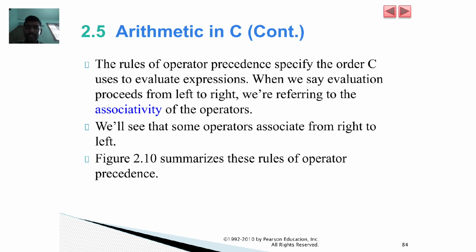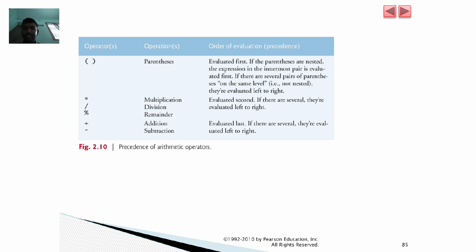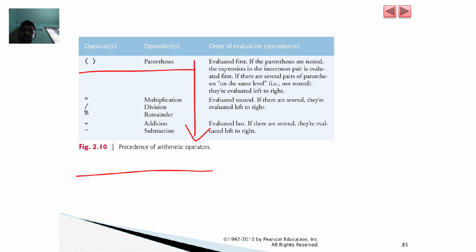There is an associativity concept here. The nested parentheses are evaluated first, then the multiplication, followed by division, remainder, addition and subtraction. This will be the order first, then it will move from left to right.